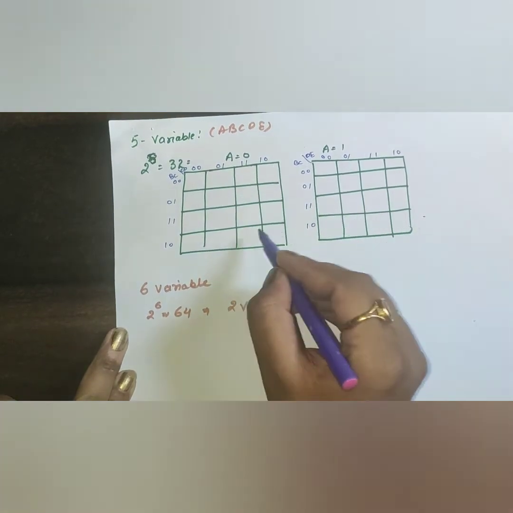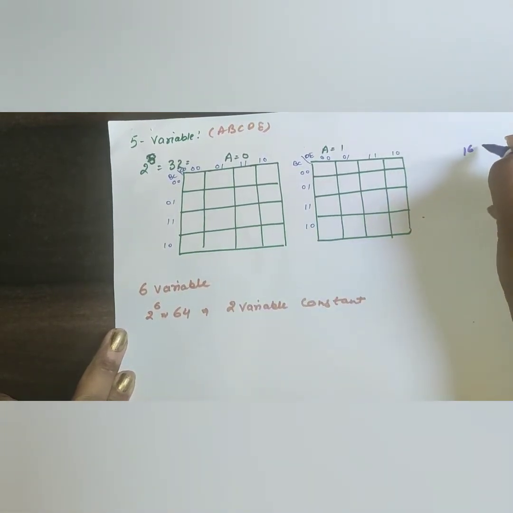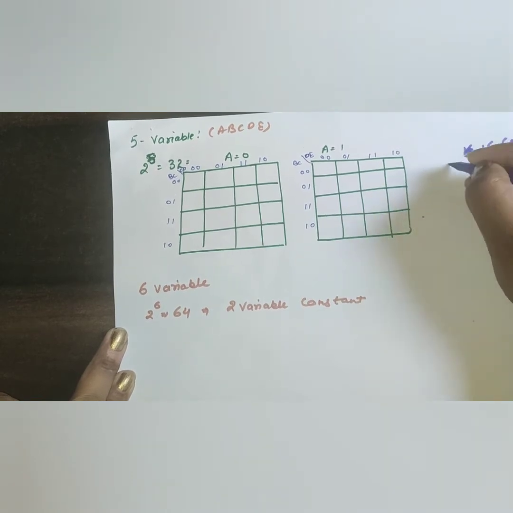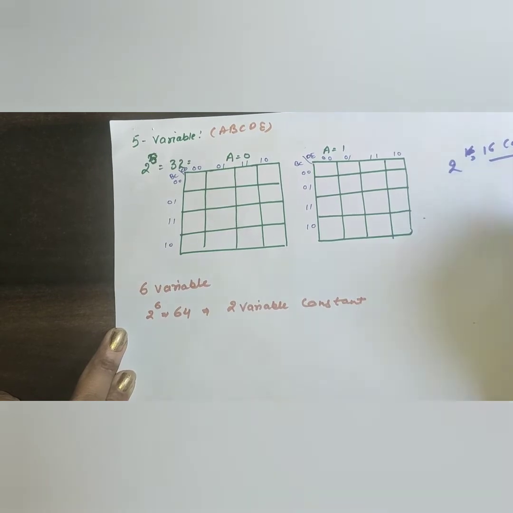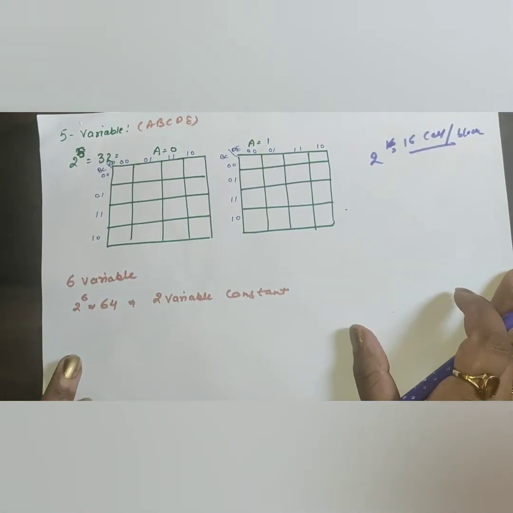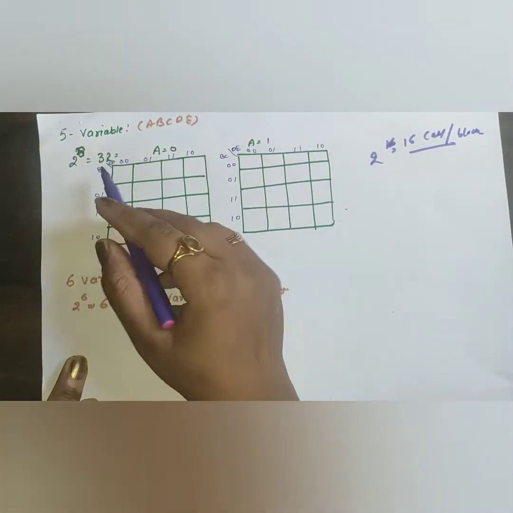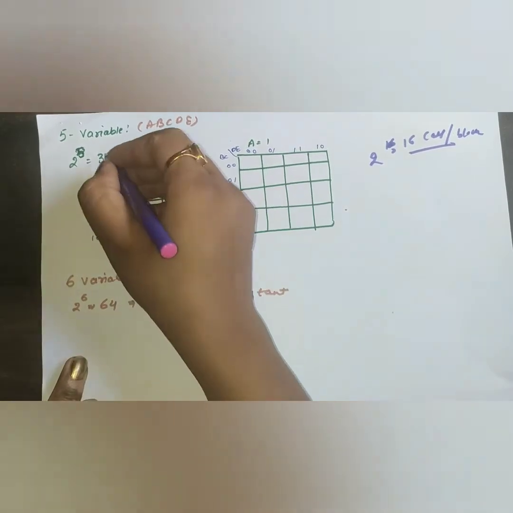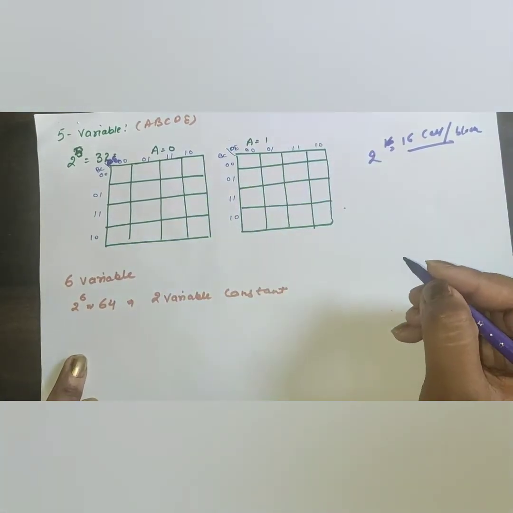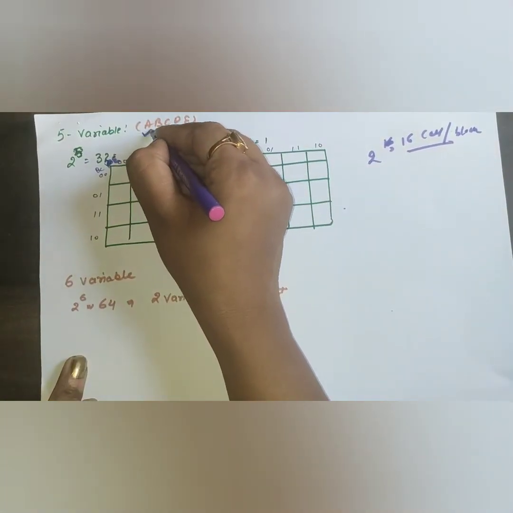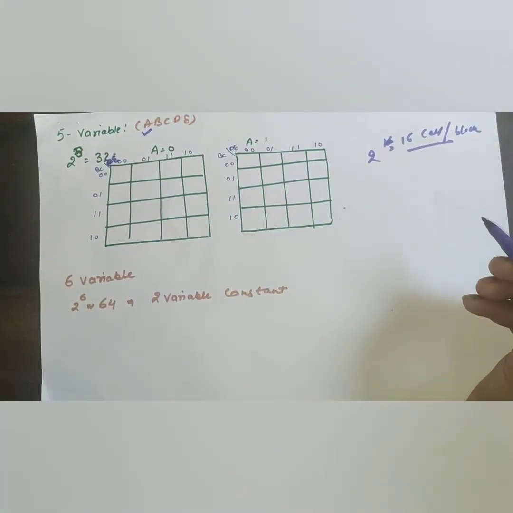Each block has 16 cells. Now in this, B, C and D, E. Let's suppose we take one variable common for one block.